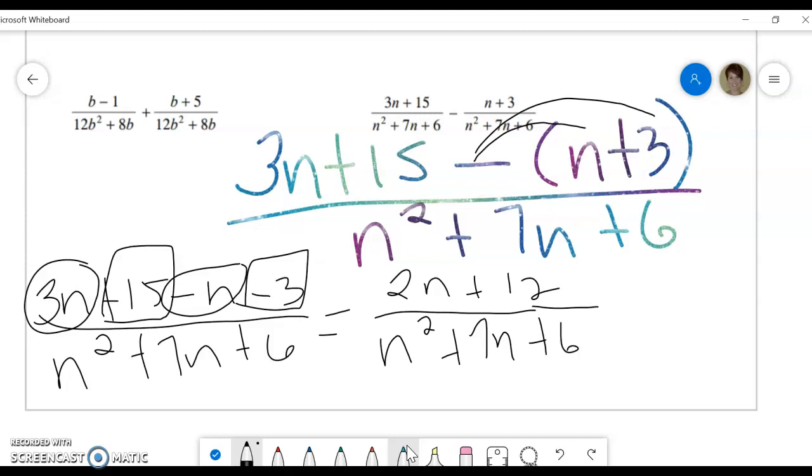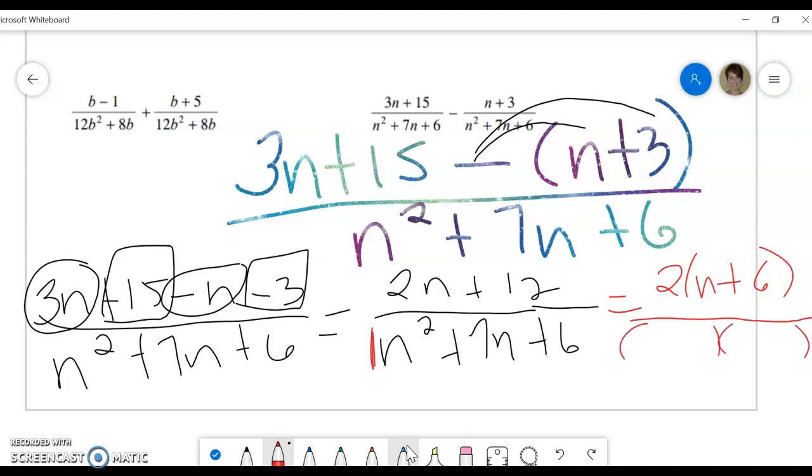So in order to do that, I am going to factor out a GCF. So I have 2 times the quantity of n plus 6. The denominator is a trinomial, so let's factor that. It has a leading coefficient of 1, so that makes our life easy.